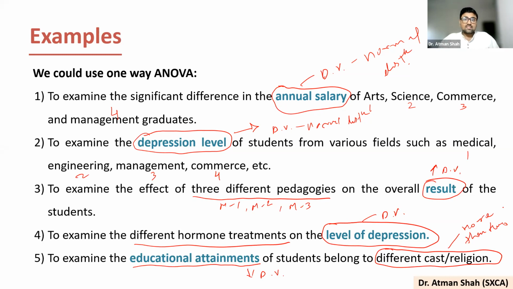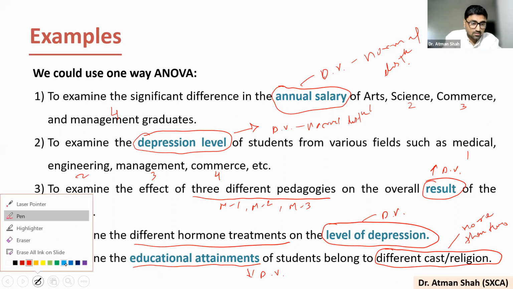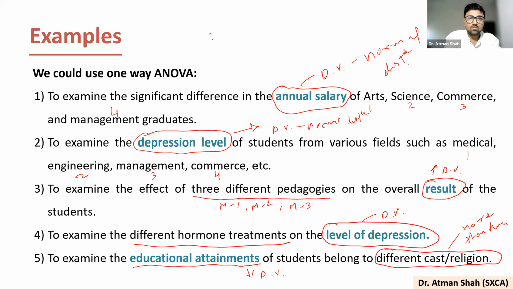So in all cases, we have more than 2 independent groups. Right? Our groups are mutually exclusive.